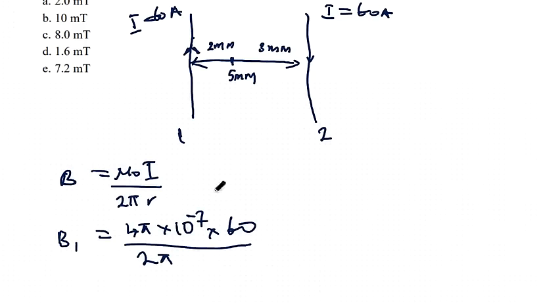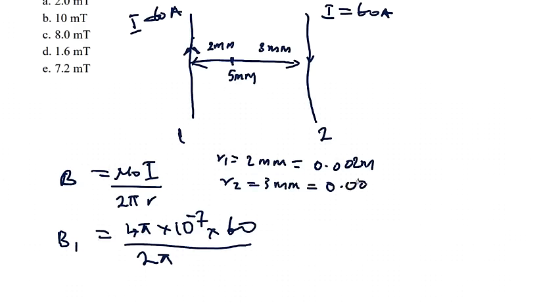It's given in millimeters, so R1 is 2 millimeters, which is equal to 0.002 meters, and R2 is 3 millimeters, which is equal to 0.003 meters.